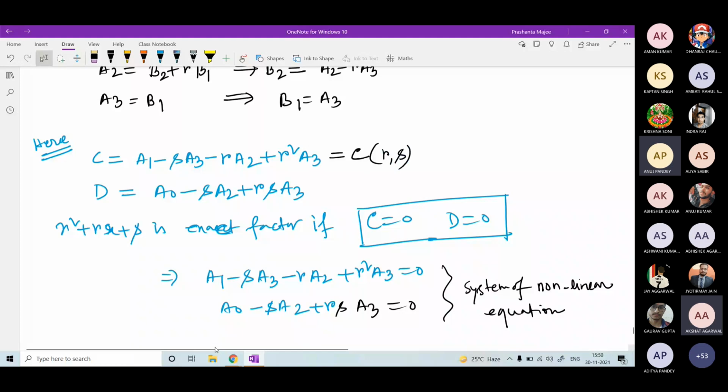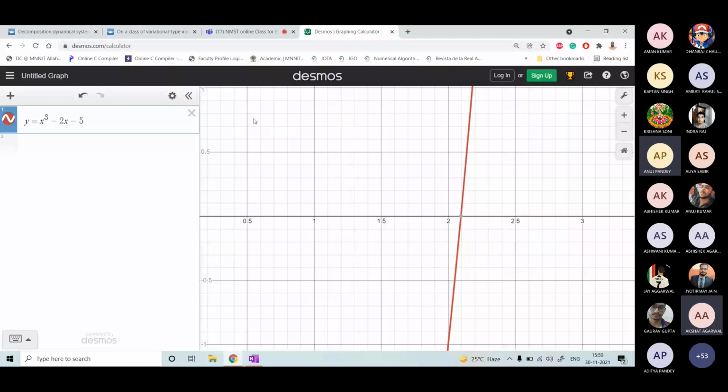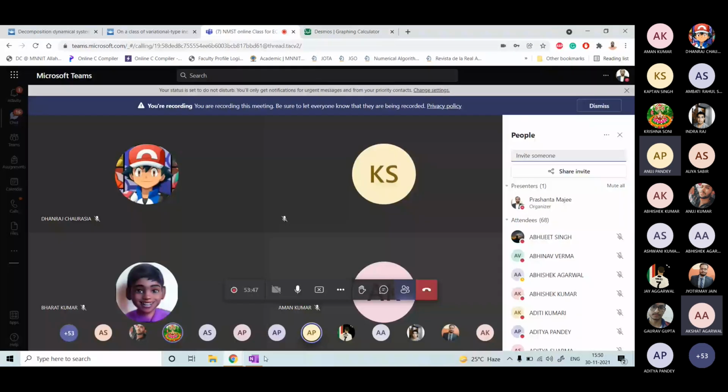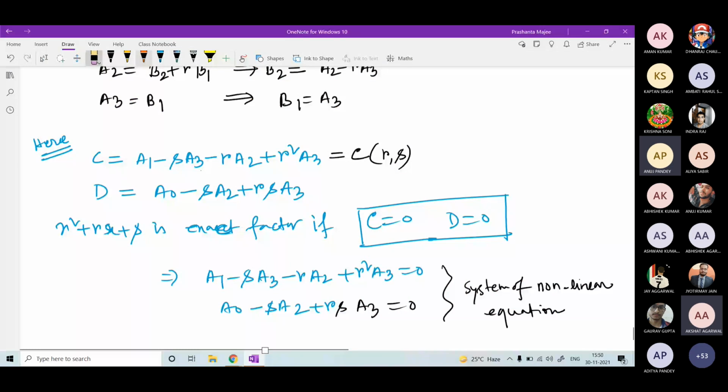A0, A1, A2, A3 are known to you. Only the unknowns are R and S. So C is a function of R and S. Is it okay to you? Yes, sir. Friends, what about D? Is D a function of R and S? D is also a function of R and S.